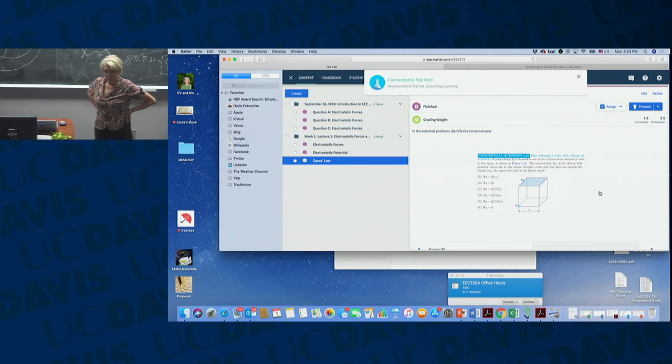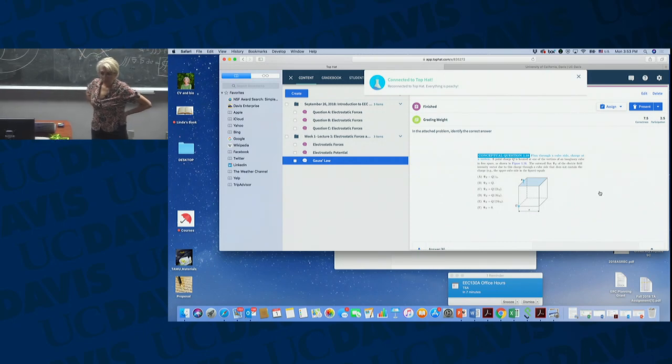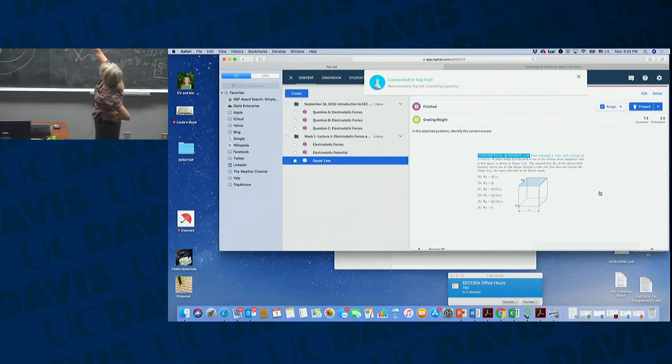Why is it only 3? Why do we only have a flux flowing from 3 and not from all of them?